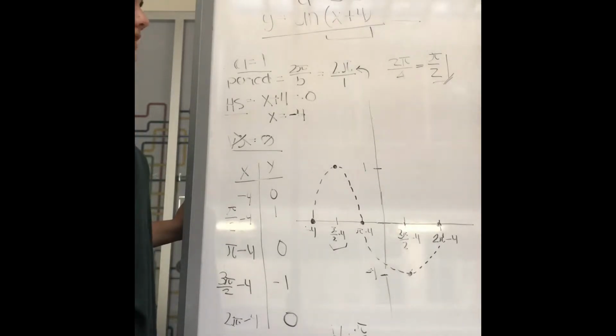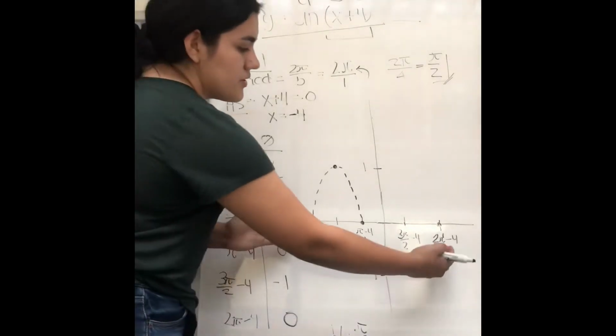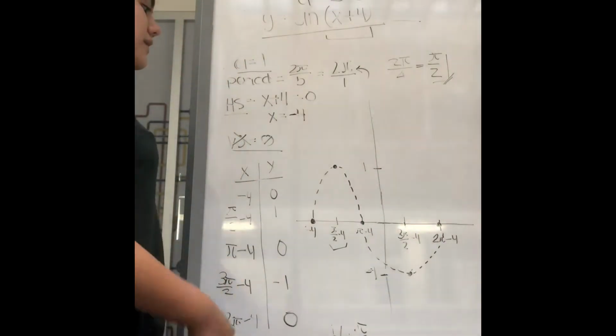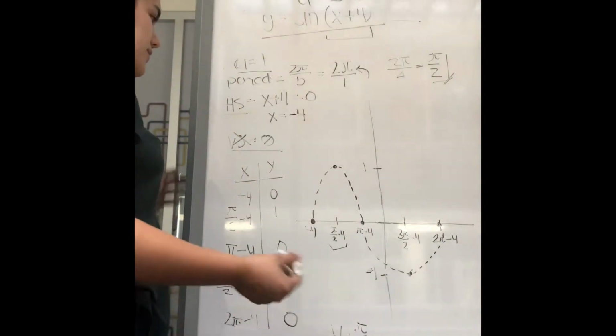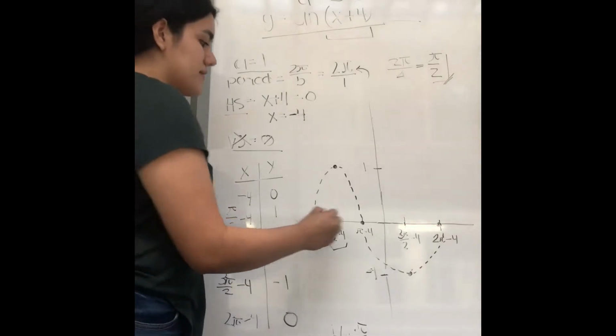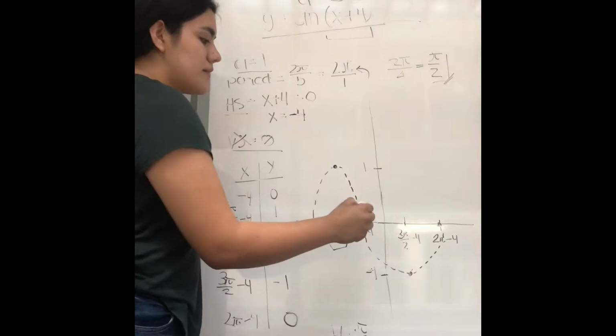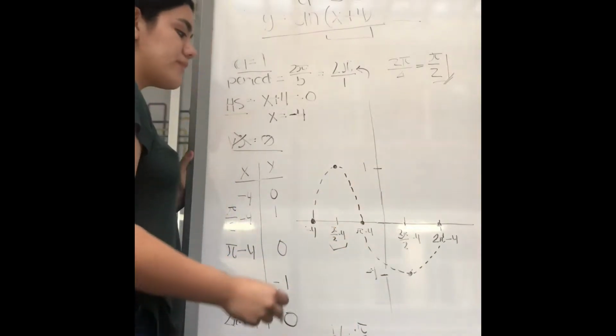And the period means how much the length of the full cycle is. So to plot that, we need to make where it's the origin, the base. We need to make the amplitude, that is 1 above and 1 below.